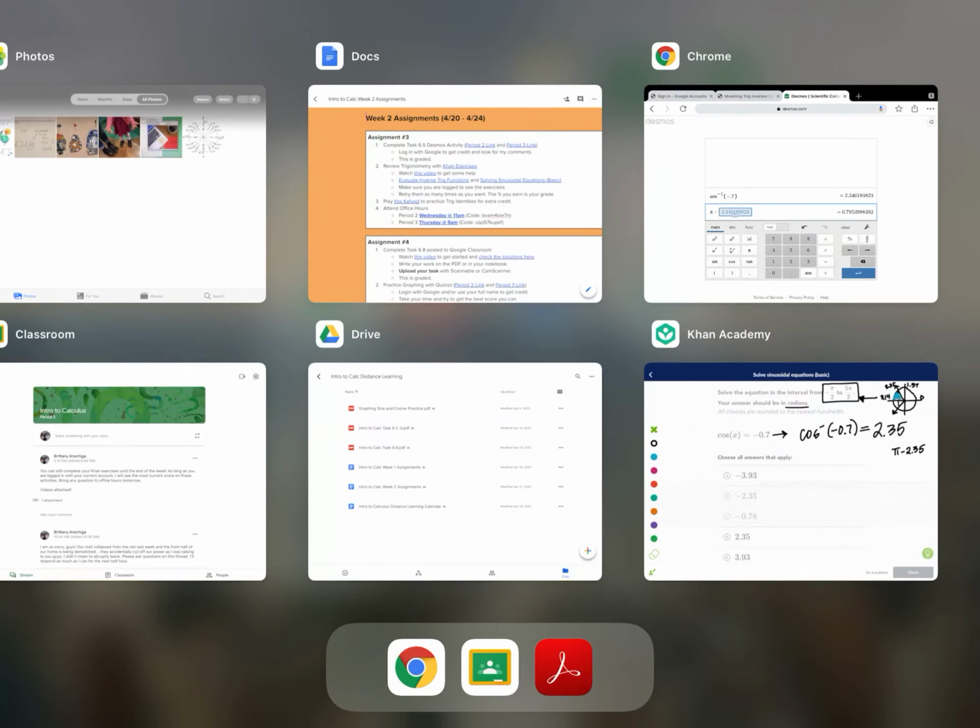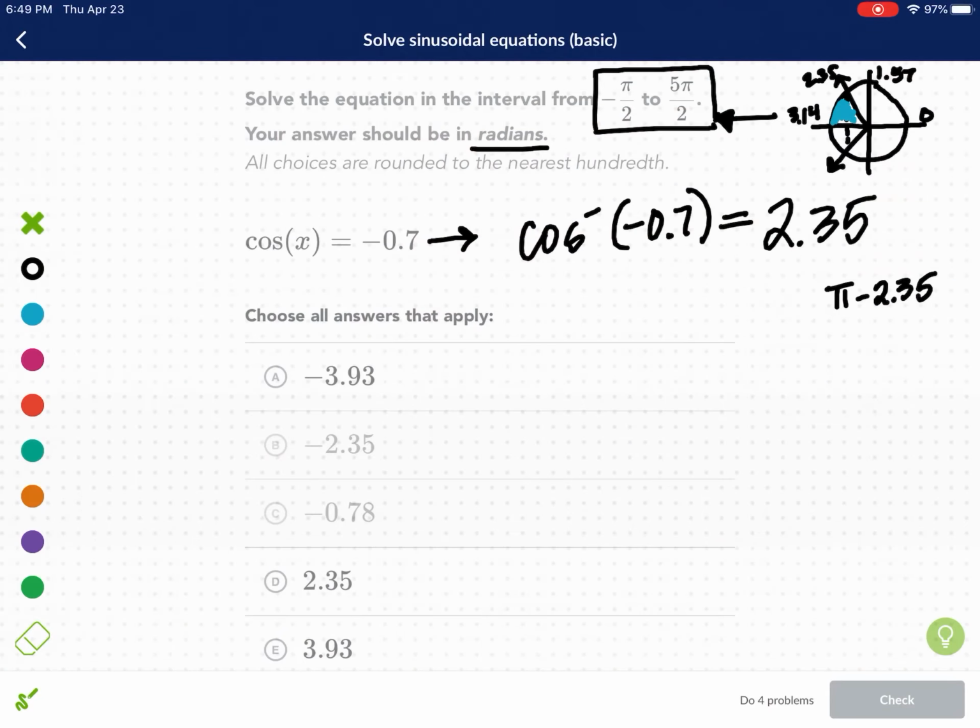I'm going to keep all those decimal places just so I don't over round. So that angle there is 0.795. And that's important because pi minus 0.795 gets us to the 2.35, and pi plus 0.795 will get us down to that other angle which has the negative 0.7 cosine.